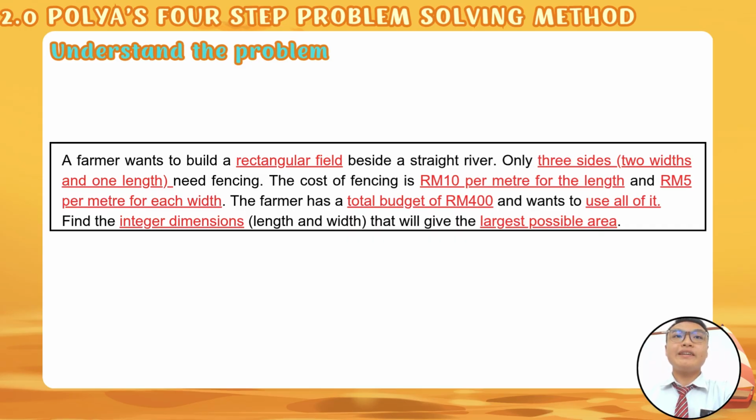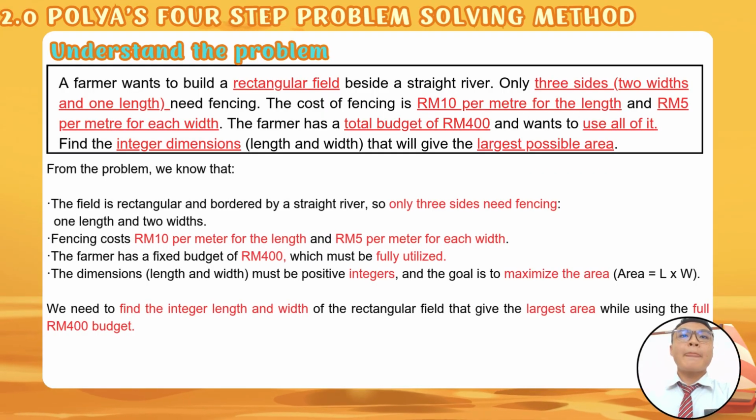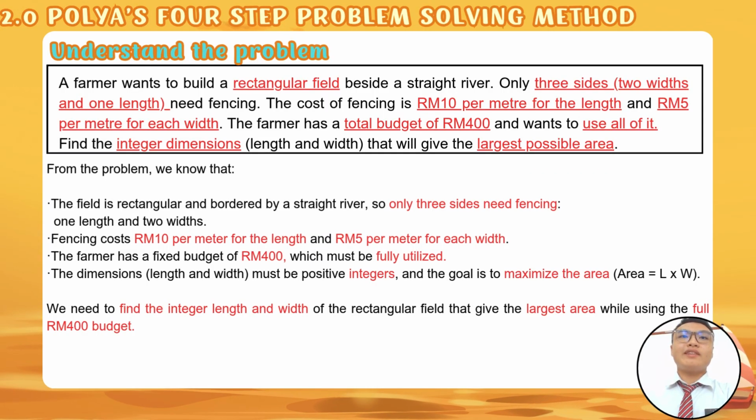After reading the problem, we can underline or highlight the important parts to make it easier to understand. From the problem, we know that the field is rectangular and bordered by a straight river, so only 3 sides need fencing. The fencing costs 10 ringgit per meter for the length and 5 ringgit per meter for the width.